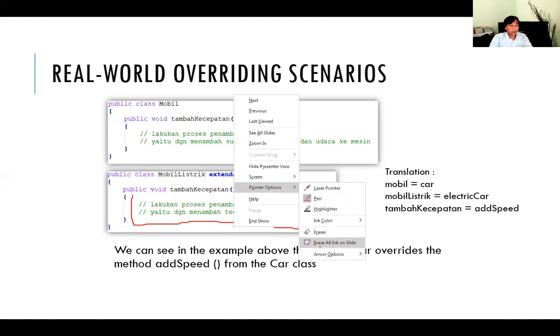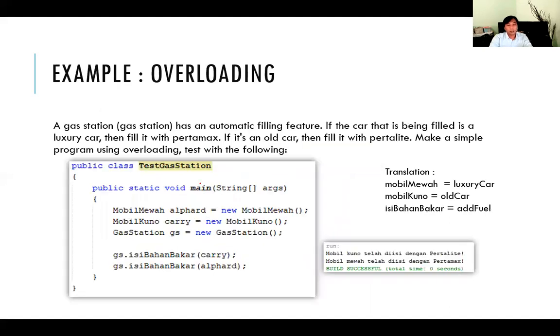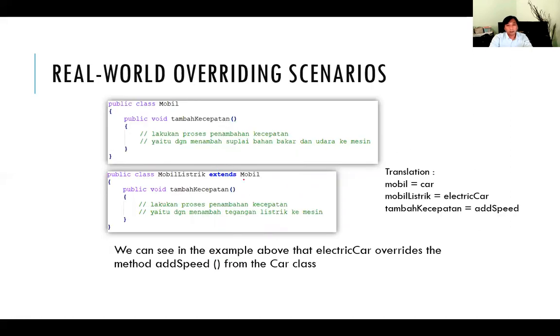So when we create the object and the object increases its speed, then the process or the result will be different.